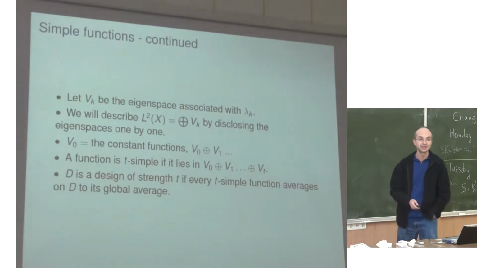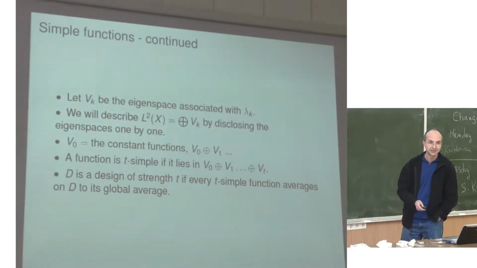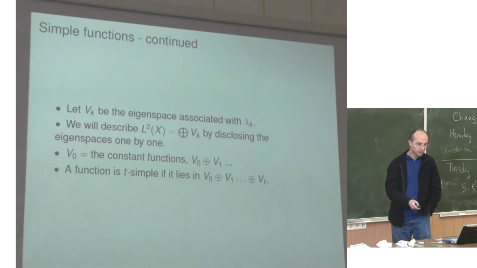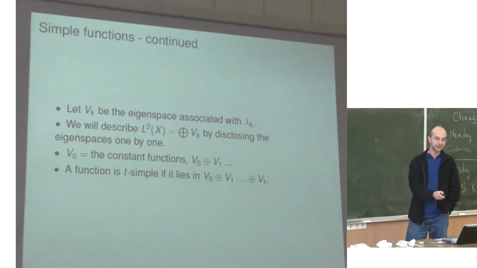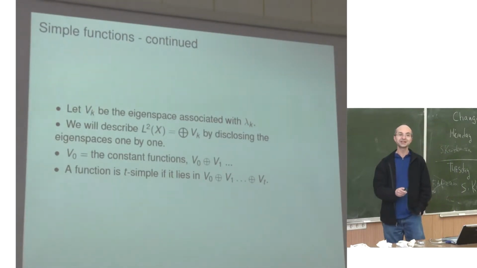Sorry, could you make it a bit more intuitive? Why one eigenfunction, why second eigenfunction? No, these spaces are not one-dimensional. Yeah, but still, why is it so? Think of the cubic polynomial. In the examples, you'll see that these low eigenvalue eigenfunctions are really low-degree polynomials.